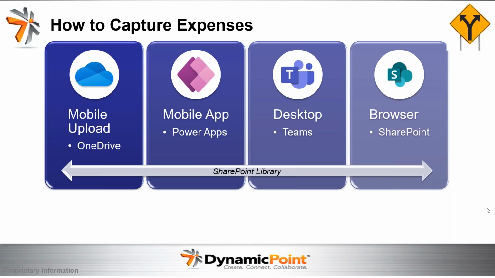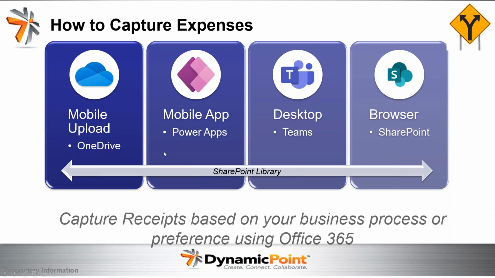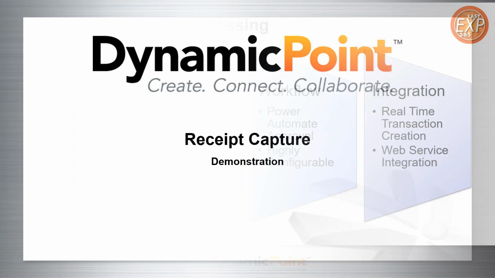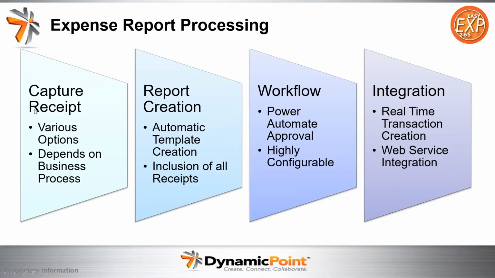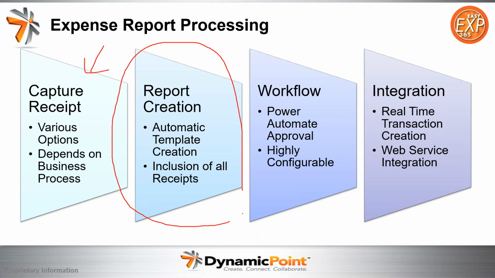So if we were to move on in this presentation here, then we start talking about, okay, now that we have these receipts, what do we do with them, right? So the first step here is capturing it, which we've gone through in a lot of detail. Then, what's going on in the background and what our app is providing is we're actually automatically creating a report.